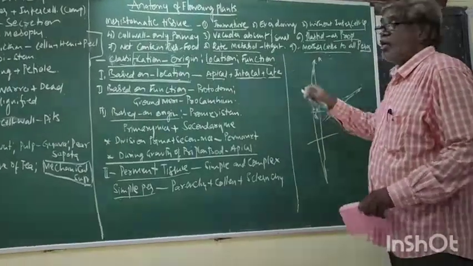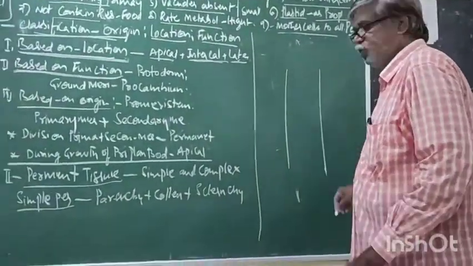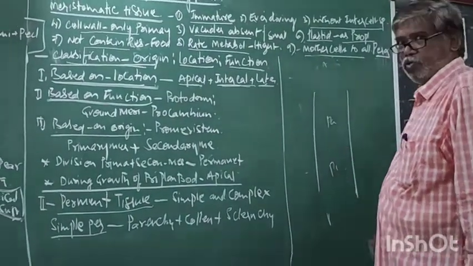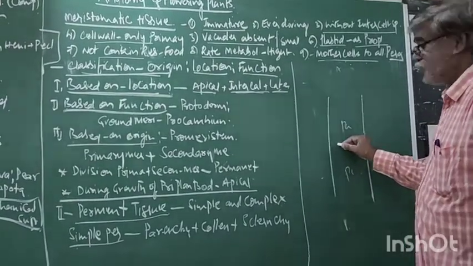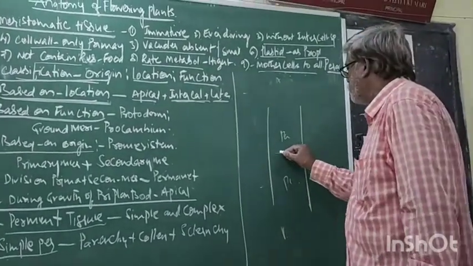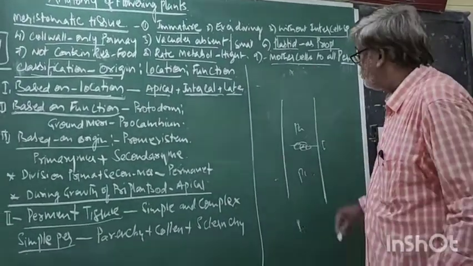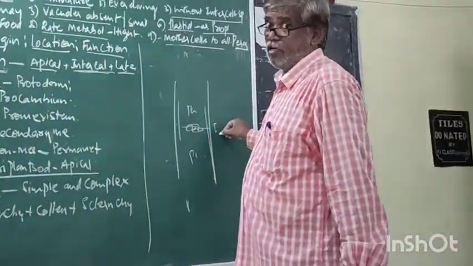Now come to the lateral meristem. See, it is the stem. Suppose you have permanent tissue, and this permanent tissue is separated by meristem. That is called intercalary. Another meristem is present in the lateral regions, called lateral meristem.